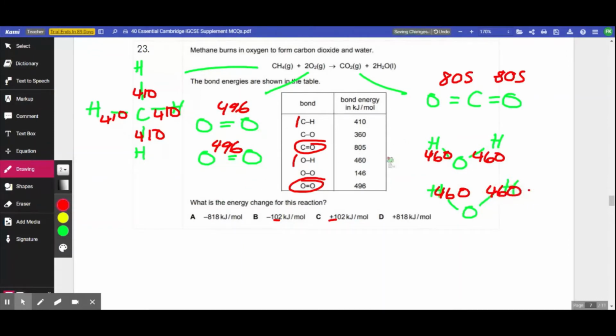Now, there's another way in which people can go a little bit wrong. They may miss out on the coefficients that are written at the start of each of those. So they may use only one, for example, and not two. Right, okay, so we're going to put that in our calculators. What we're going to do is add these up.